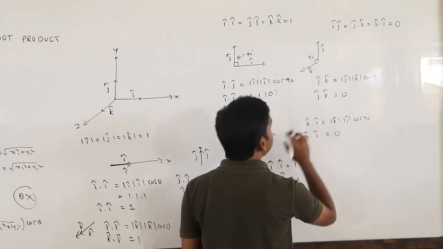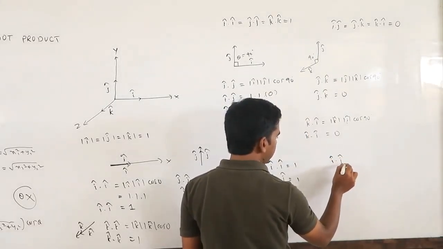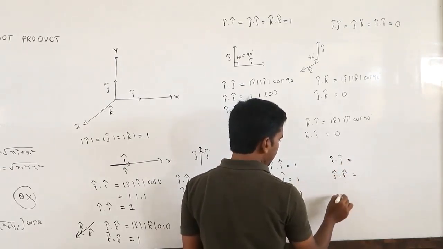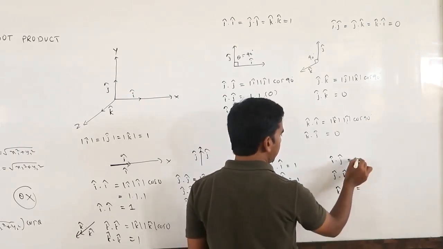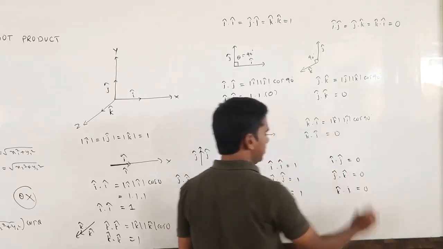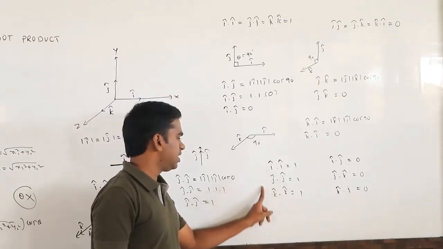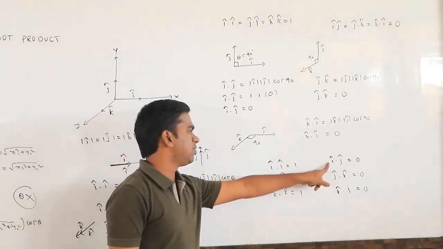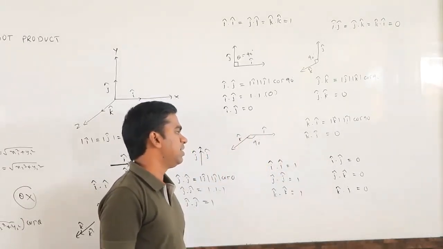So one more set we got, that is i cap dot j cap and j cap dot k cap or k cap dot i cap. This is going to be 0. Very important. So if you take the dot product of the same unit vectors, you will get 1. If you take the dot product of perpendicular unit vectors, you will get 0.